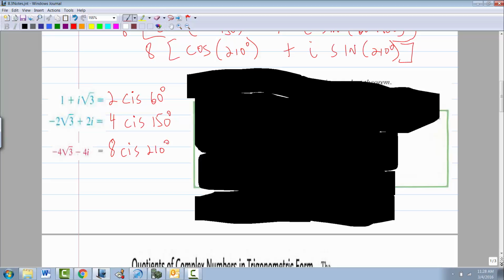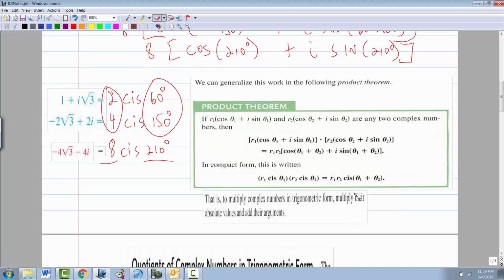Now let's extrapolate. 2 times 4. Let's go a little faster on this one. So don't you see the value of this? You could have two a plus bi numbers.